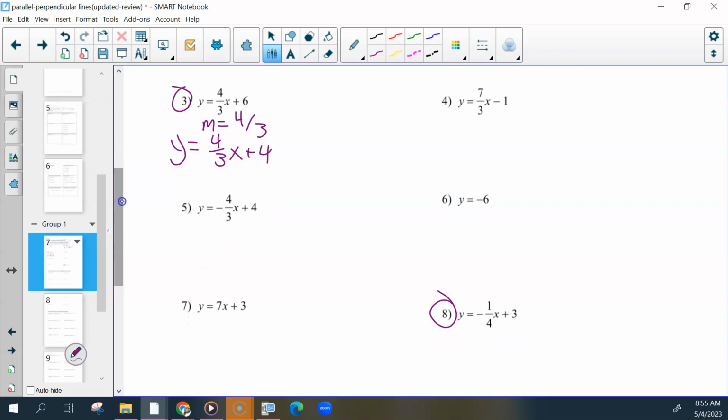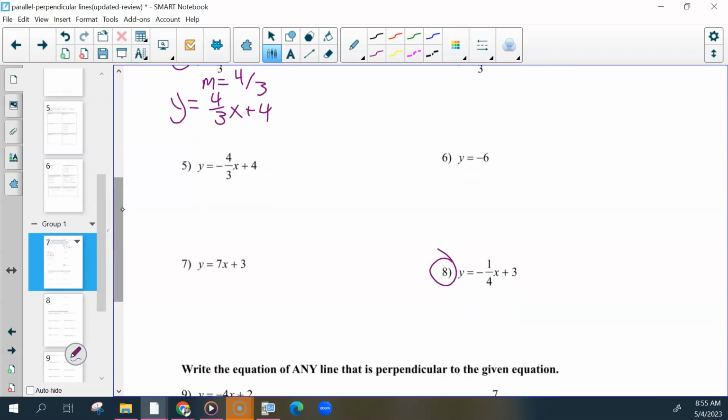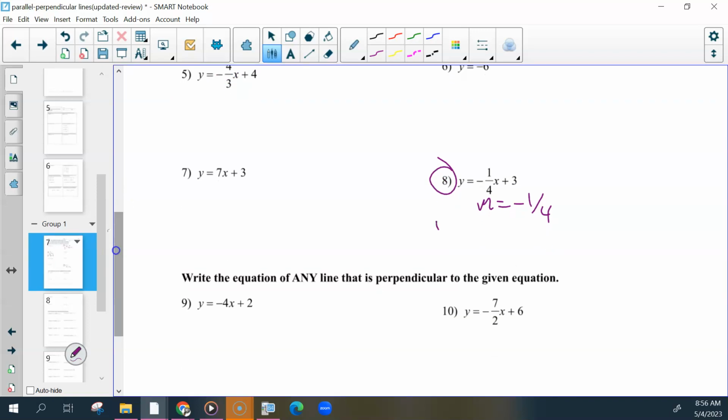8, what would the slope that's parallel to this be? -1/4. And then let's use that to write an equation. y equals -1/4 x. Give me a y-intercept.